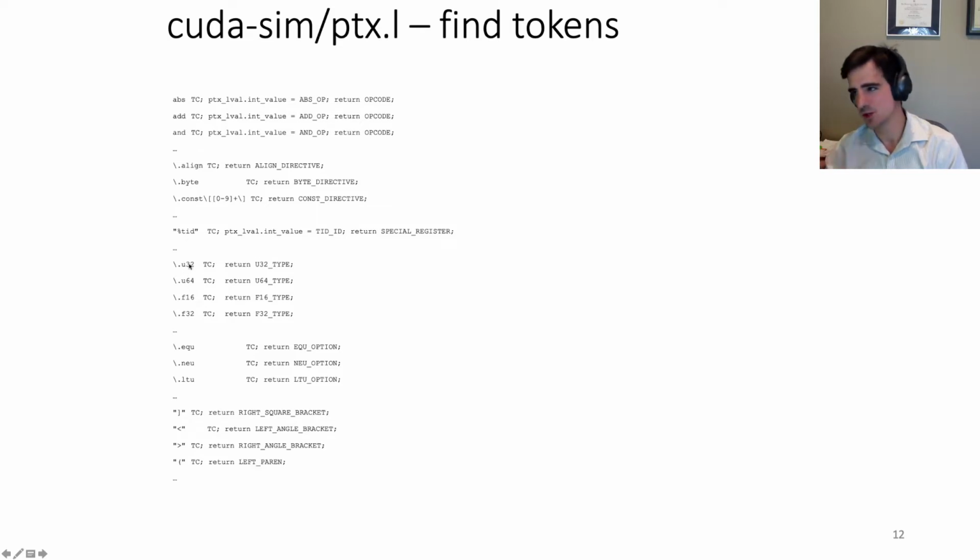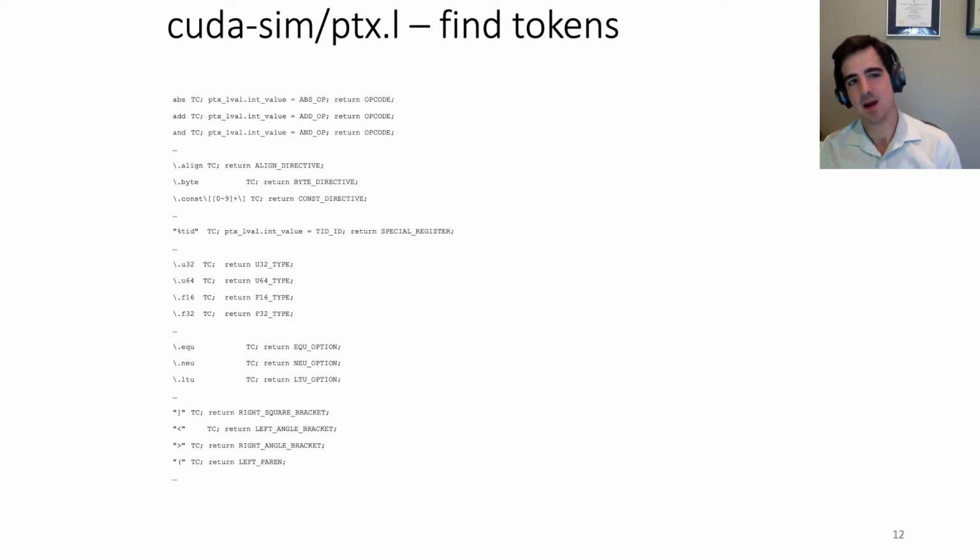So in PTX, if you look at the code, there'll be a .u32 after a register name, for example, which tells us that this particular register is a 32-bit register, 64 is 64 bits, etc. And if there's a new token that shows up inside the PTX, you essentially have to add it inside this .l file and then return a corresponding type here that will give it to the parser so we can do something useful with it.